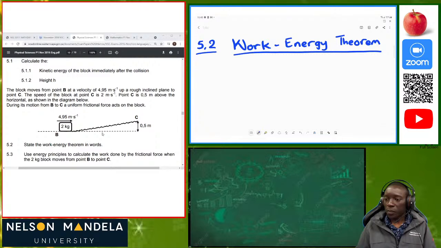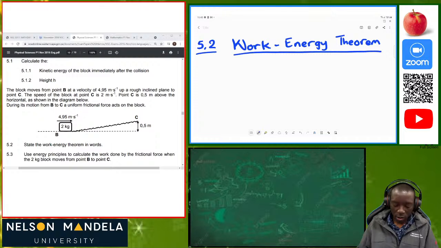So with the work-energy theorem, the total work done is, okay, you can write it here.